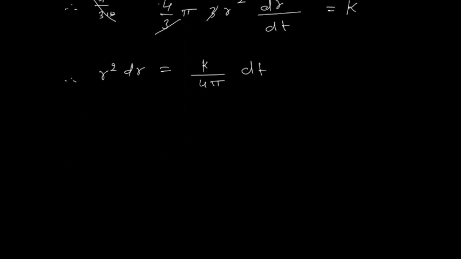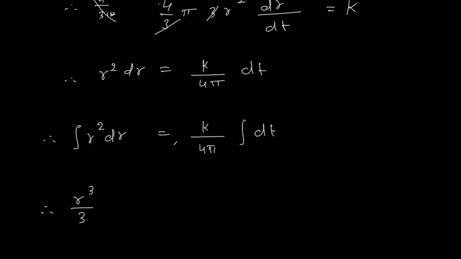Therefore the integration of r square dr is equal to k upon 4 pi integration of dt. Integration of r square is r cube divided by 3.